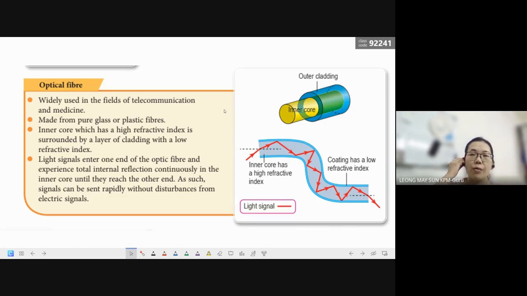Out of so many total internal reflection applications, fiber optics is one of the latest, and it is widely used nowadays if we want to have a 5G or 4G connection, and to transfer internet data very fast at the speed of light, because visible light is part of the electromagnetic spectrum.